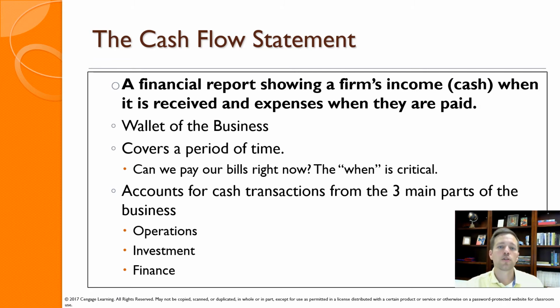Now, not only are there smaller categories, there are larger categories as well. And these are operations, investment, and finance. These are the 3 main parts of the business. Operations is just one part. Operations is where most of the cash flow transactions are going to take place. This is the day in, day out running of your business. But you don't want to ignore the other things, right? Because they also influence the amount of cash on hand.